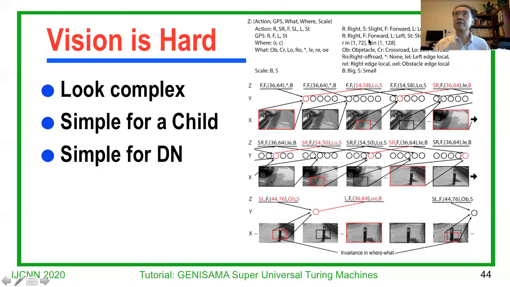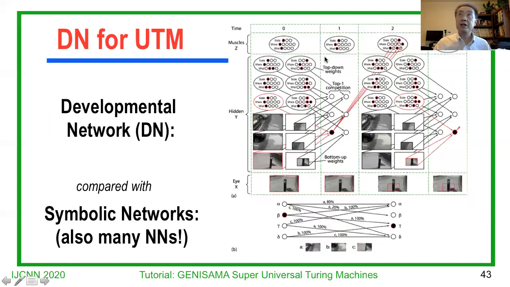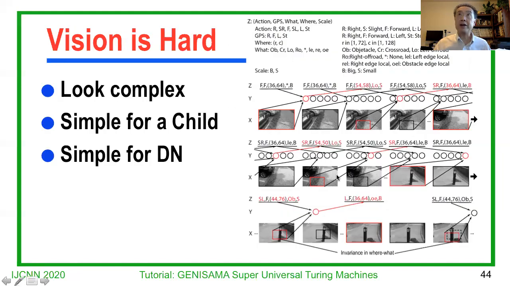This is the explanation of these symbols here, and it looks very complex, but it's simple for a child, right? A child can run without really telling you the logic. It just works. Simple for DN too, because everything inside the DN is automatic. All right. So I redraw this diagram over here.